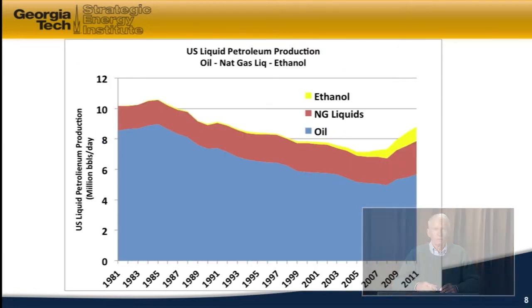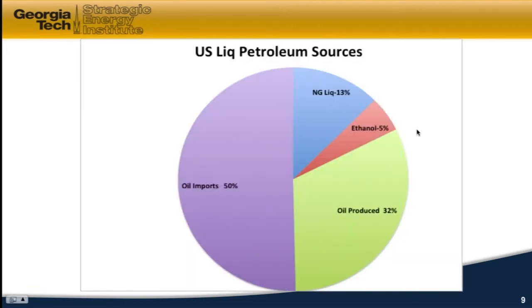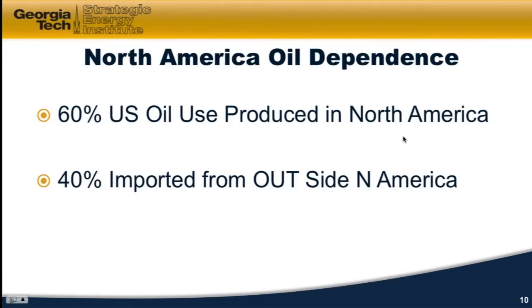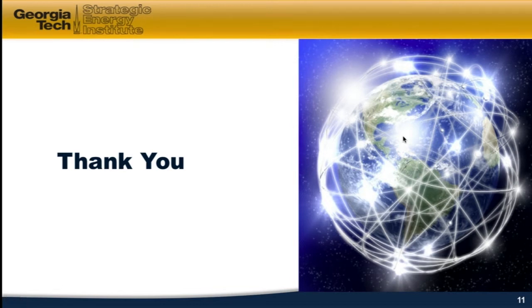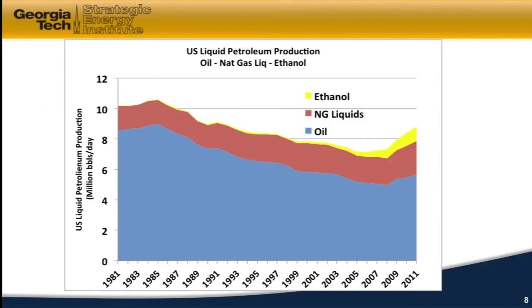And so here's what our production record is through 2011 for ethanol, natural gas liquids, and oil, which all add up to our liquid petroleum. So here's the ethanol, here's the natural gas liquids, and here is the oil.